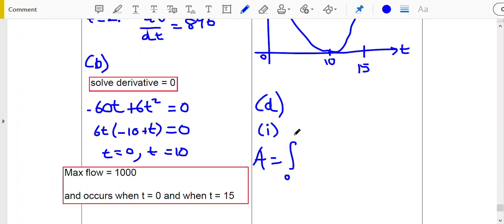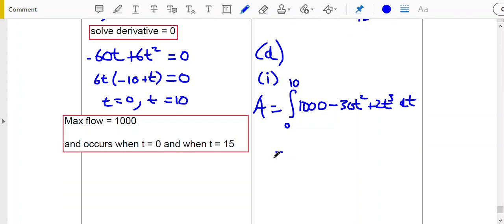It's the definite integral between 0 and 10 of the function, 1,000 take away 30t squared plus 2t cubed. Writing this down with respect to time shows an examiner that you understand how to mathematically calculate that area.